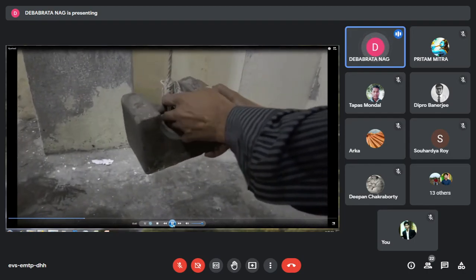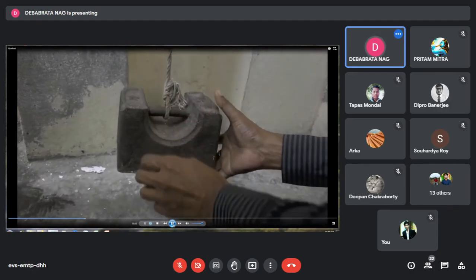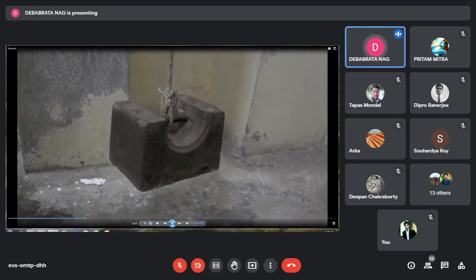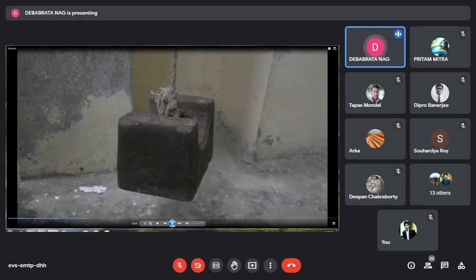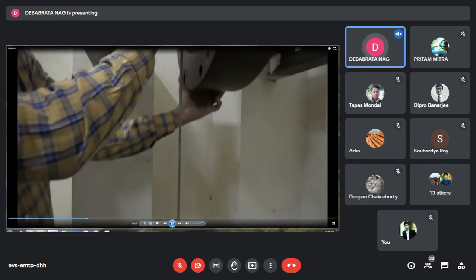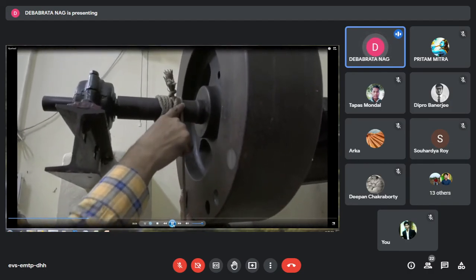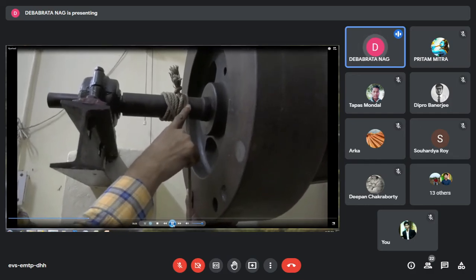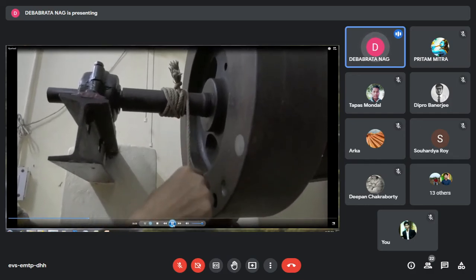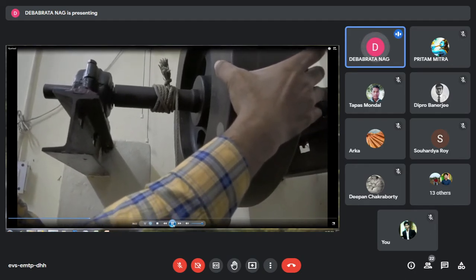Now this weight is hanging from the shaft through this wire, so the wire must have some tension developed. This tension acts around the surface of this shaft. Now I am holding this system so that it doesn't rotate. The moment I release, what will happen?